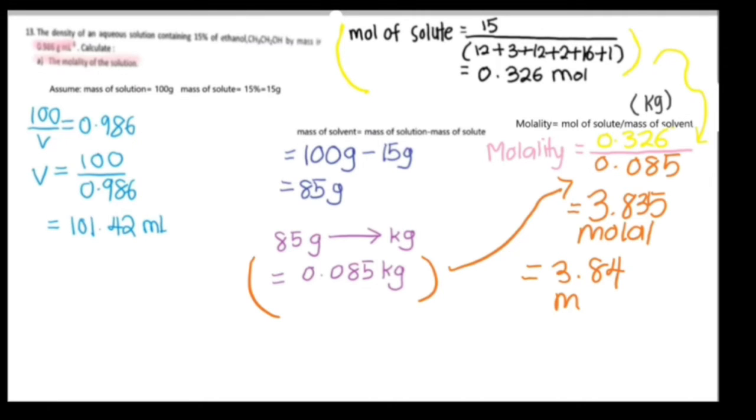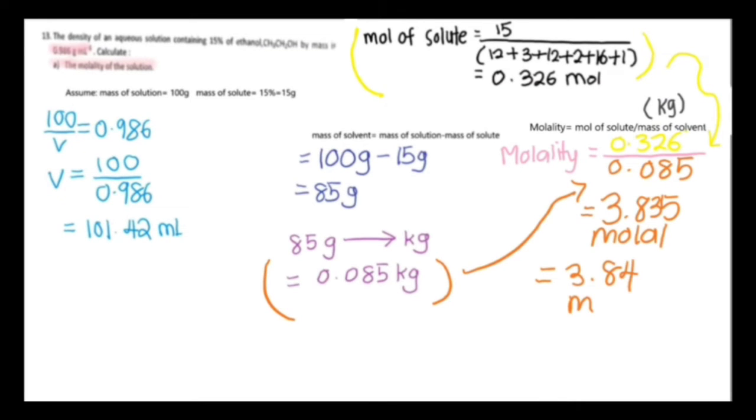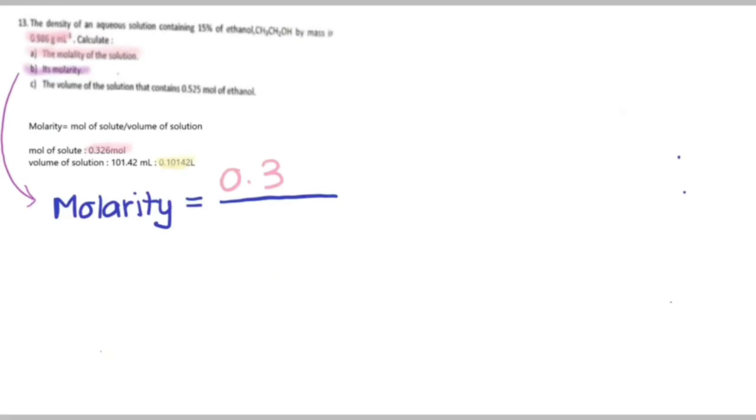And lastly, we can just substitute the mole of the solute and the mass of the solvent into the formula. So 0.326 divided by 0.085, and we will get 3.835 molality. Okay, done with question A.